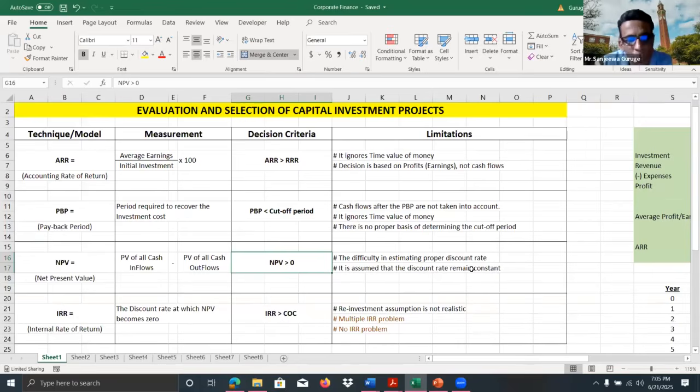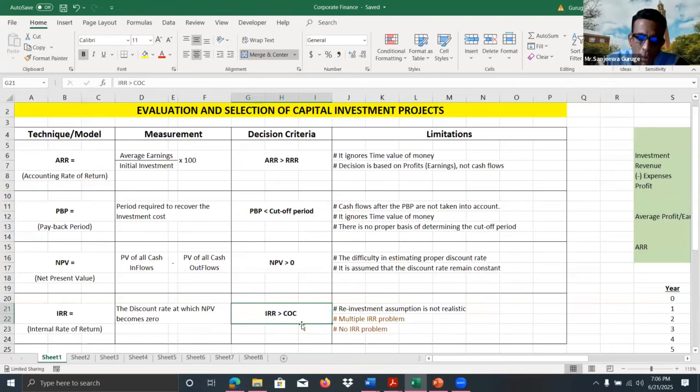So these techniques should be applied with proper understanding, right? And I mentioned one point earlier. If the IRR of a project is greater than the cost of capital, that means definitely NPV is positive. Because IRR, you know the meaning: IRR is the discount rate at which NPV becomes zero.